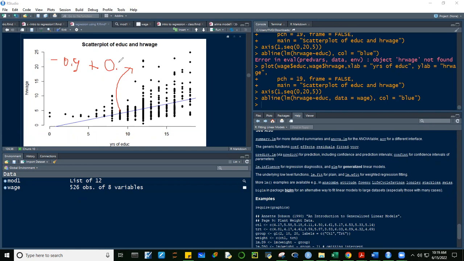Yung slope, please. 0.54136. 5.4. Okay, i-shorten ko na lang 5.4. 5.4 times education. Hirap isulat nito. Dapat naka-digital pen. Okay, so this is our model, di ba? Ito yung line na yon. This is that line.